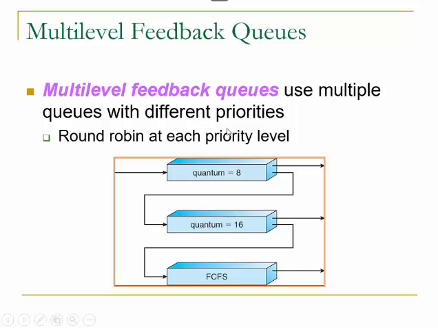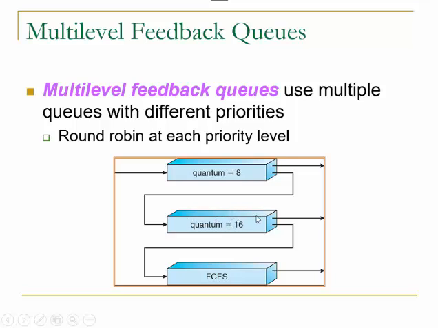Round robin at each priority level is executed. First we have a queue with time quantum 8 with the higher level of priority. A process needing less than 8 units of time will get executed first. If it remains, it will be fed back to the time quantum 16 queue at the lower level.